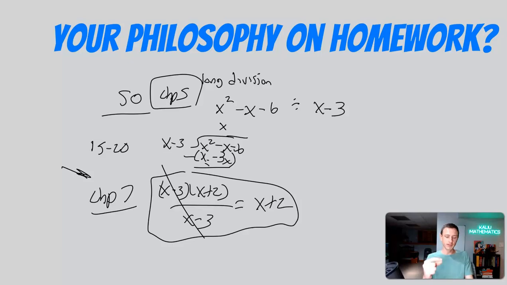So the proof was that 15 to 20 students took their phones, took a picture of the problem, and if you don't indicate to AI or your phone, if you're using something like Symbolab or any sort of math editor, which again, I'm not against that technology at all. I use Symbolab all the time. But if you don't prompt it with using long division or using synthetic division, it will do this.